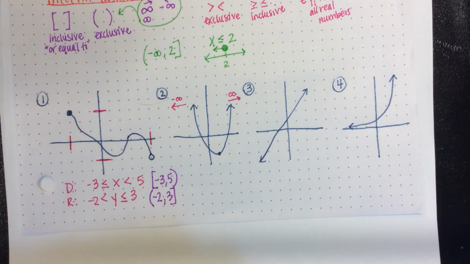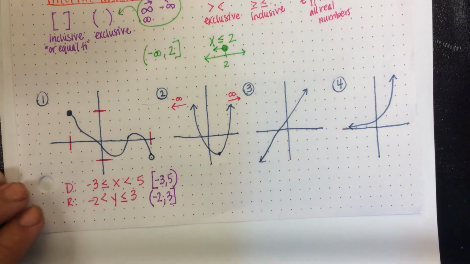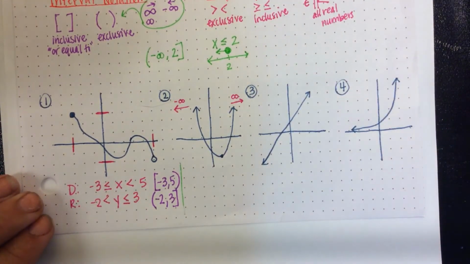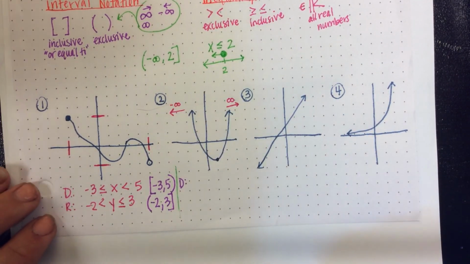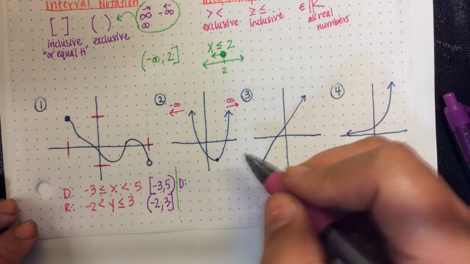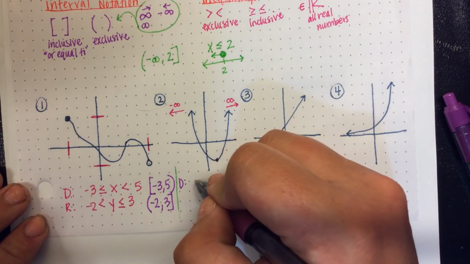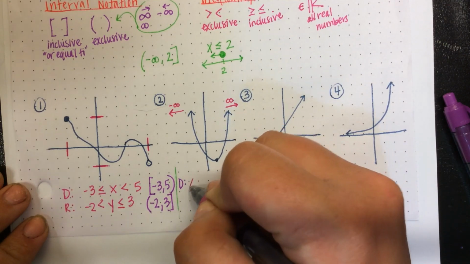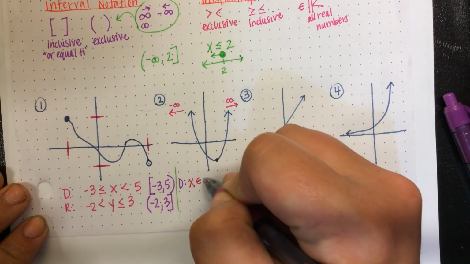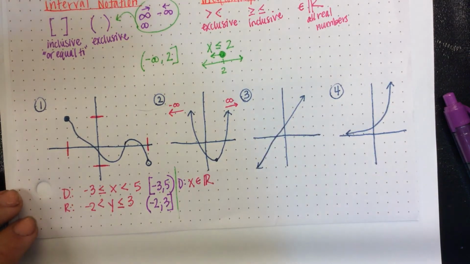So that means I never stop going left, I never stop going right. So I'm going to cover all possible x values with this graph. So for my domain here, if I want to write that in inequality form, I'm going to use this element of symbol. All the x's that are an element of all real numbers.